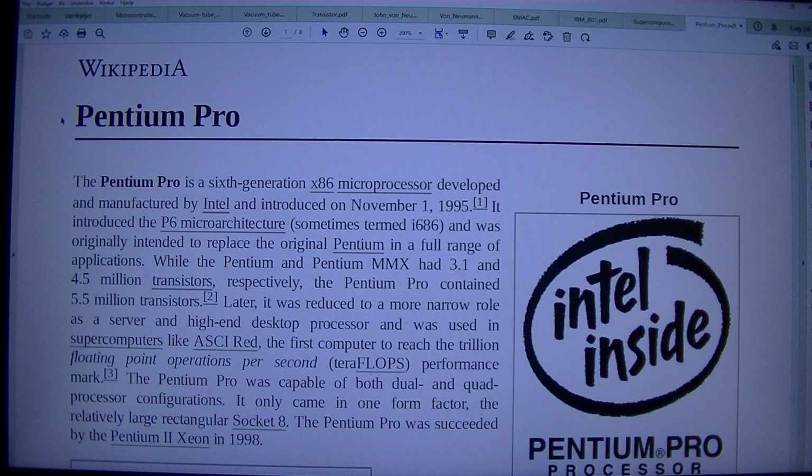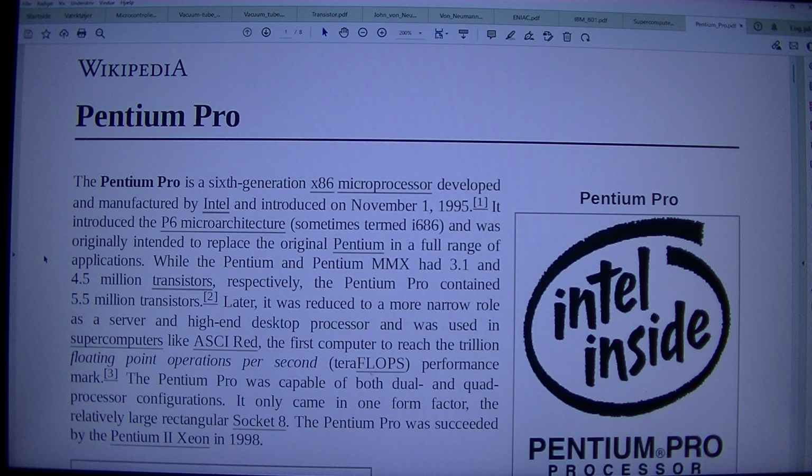The Pentium Pro is a 6th generation x86 microprocessor developed and manufactured by Intel and introduced on November 1, 1995. It introduced the P6 microarchitecture, sometimes termed i686, and was originally intended to replace the original Pentium in a full range of applications.